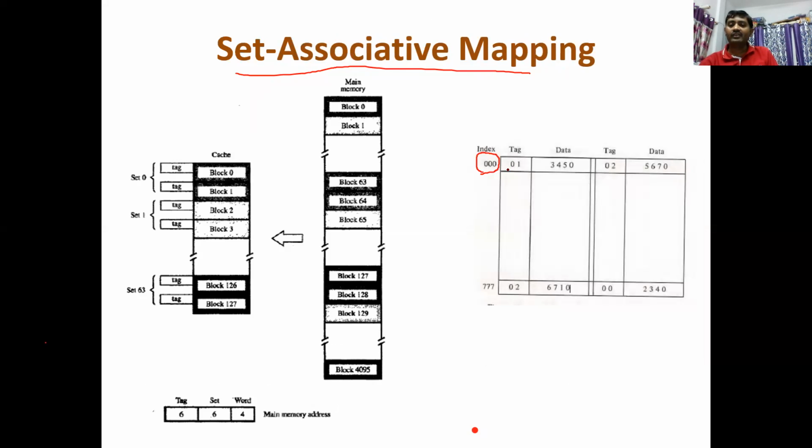Here I'm taking an example: one tag will be 01 and the other tag will be 02. So 01 will have 3450 and 02 will have 5670.